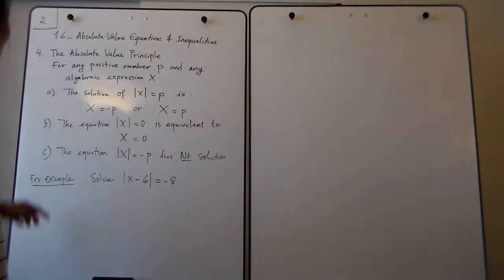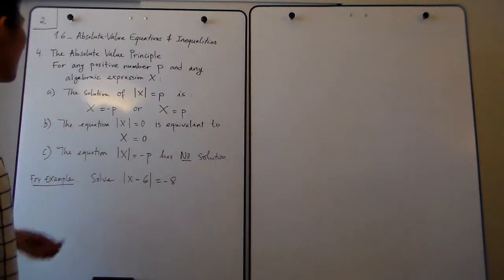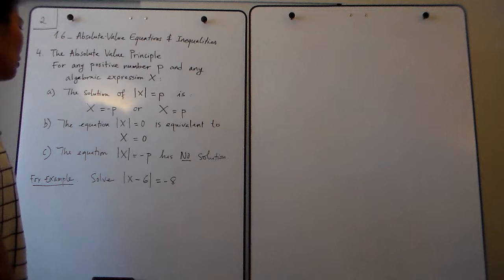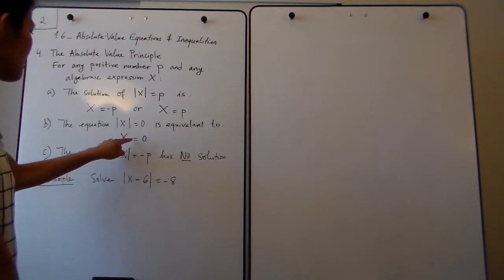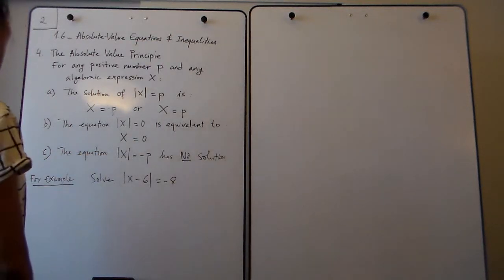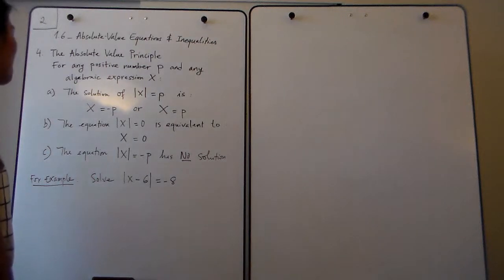Second is saying the equation of the absolute value of x equal to 0 is equivalent to x equal to 0. And the last one is the equation of the absolute value of x equal to negative p has no solution.